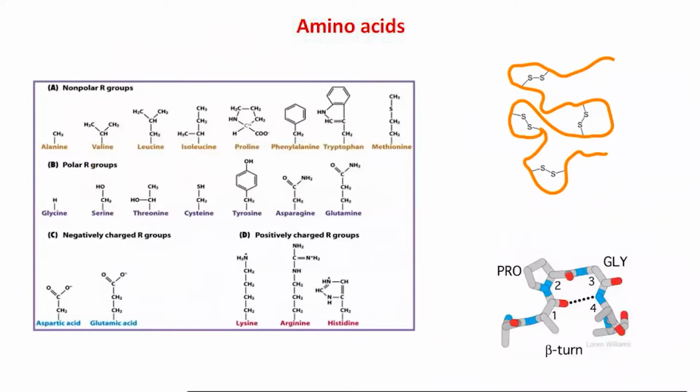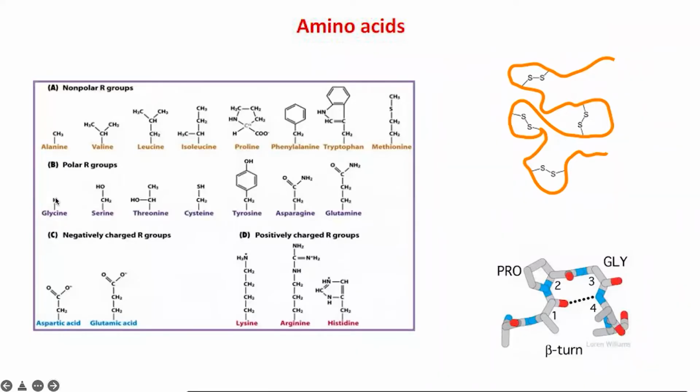Now, all of you are aware that there are 20 amino acids, and we broadly define them as non-polar, hydrophobic, polar, negatively charged, as well as positively charged. Each amino acid has a certain property, a certain shape, a certain size. For example, glycine is the simplest amino acid.